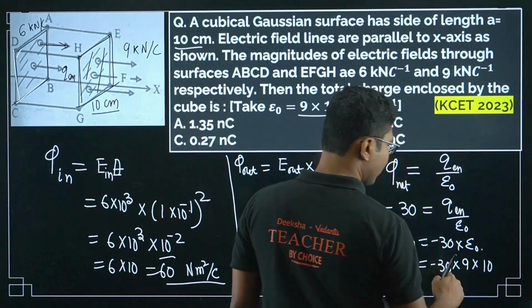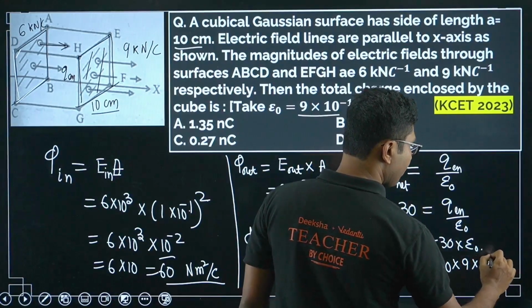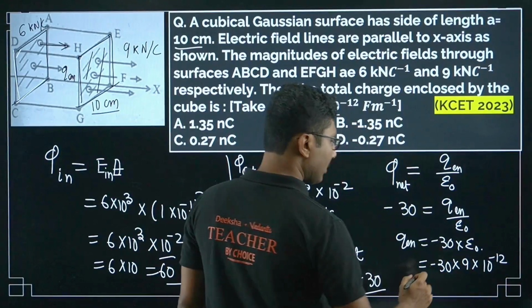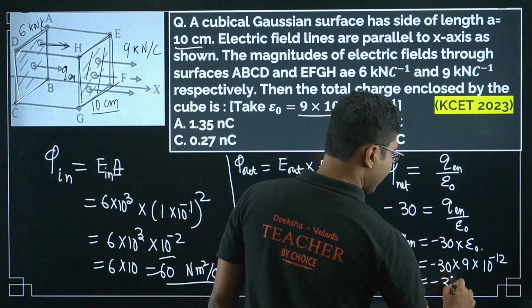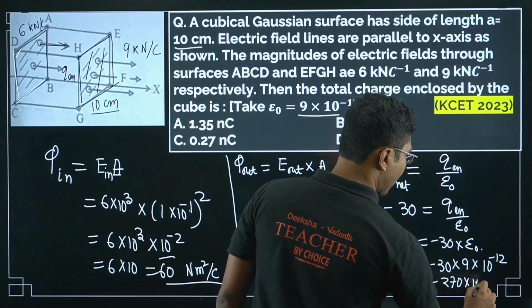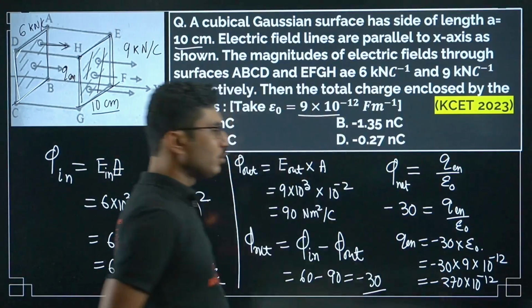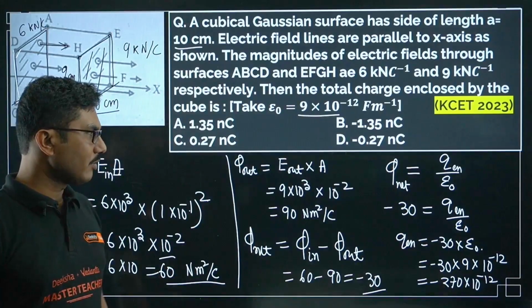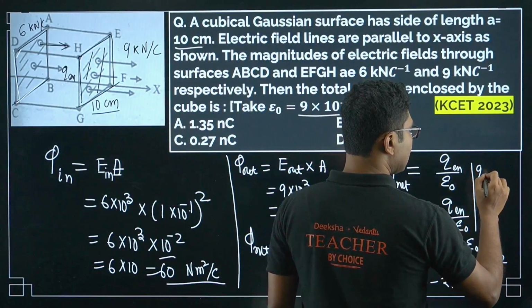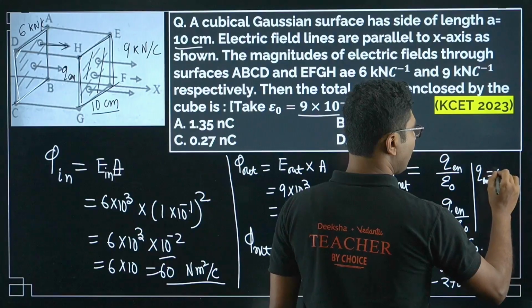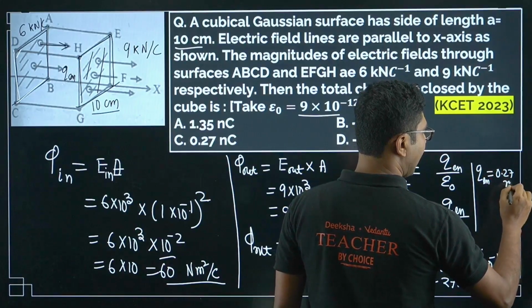So 30 into 9 into 10 to the power of minus 12 will be minus 270 into 10 to the power of minus 12, or you can say Q enclosed is 0.27 nanocoulomb.